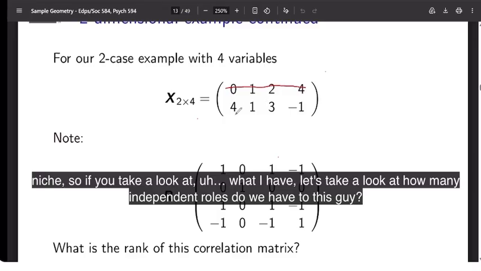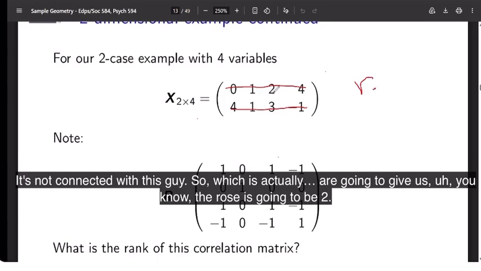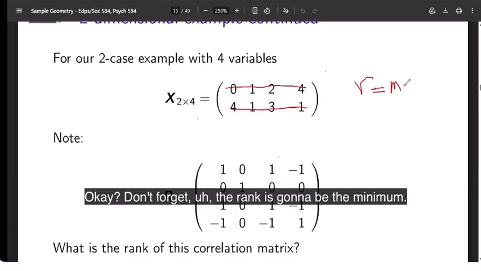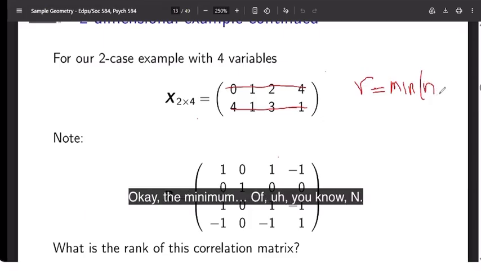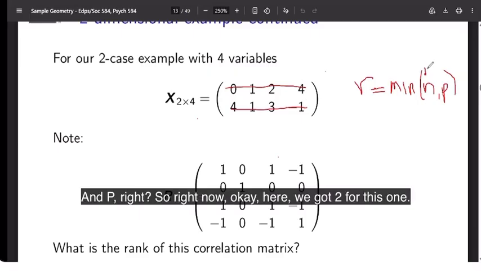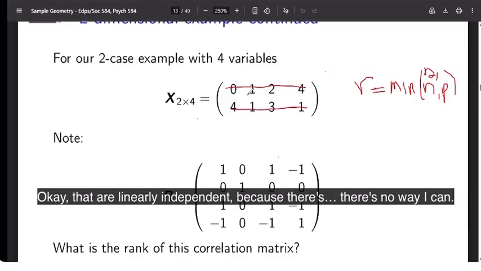This row is not connected with this one, so the number of rows is 2. Don't forget, the rank is going to be the minimum of N and P. So here we got 2 rows that are linearly independent, because there's no way I can figure out any row from the other one.